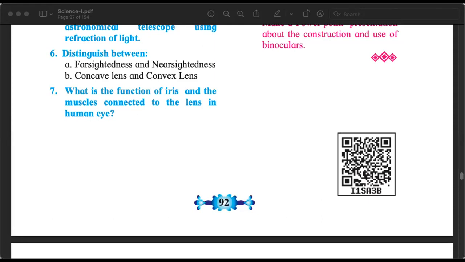They are called ciliary muscles. Yes, Karina, correct. What is their function? Two functions. First, they hold the lens at the place. Lens को support करते हैं. दूसरा, they change the shape of the lens. They can make it flatter, they can make it rounded. सब तो हमने पढ़ा. क्यों नहीं लिख सकते? लिख सकते हैं बिल्कुल. And you don't need to wait for me to send you the solutions. You can write on your own.